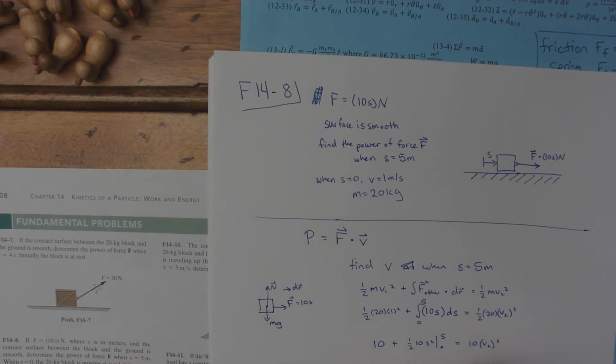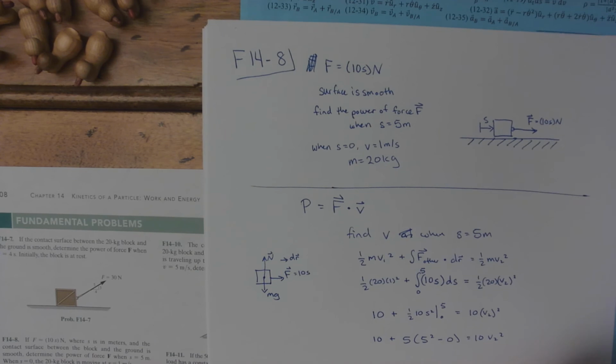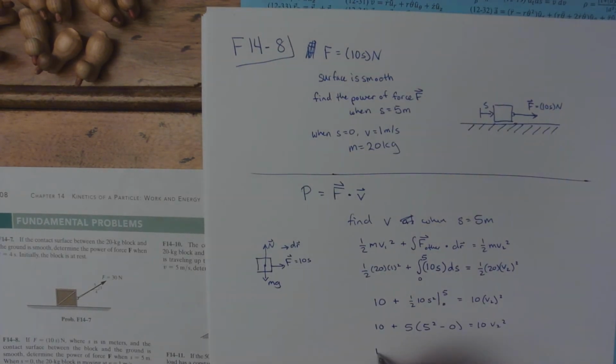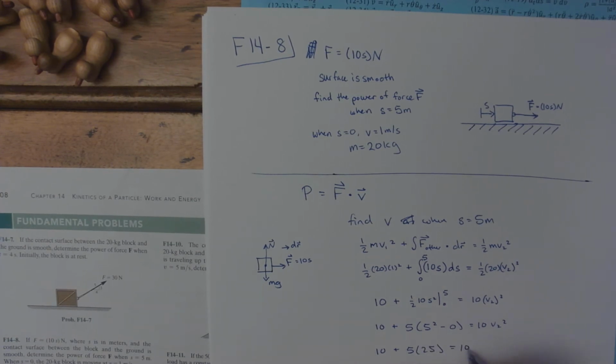Half of 10 is 5. Putting in my limits of integration, that's 5 squared minus 0, and that's equal to 10 times v2 squared. And so I have 10 plus 5 times 25 is equal to 10 times v2 squared.